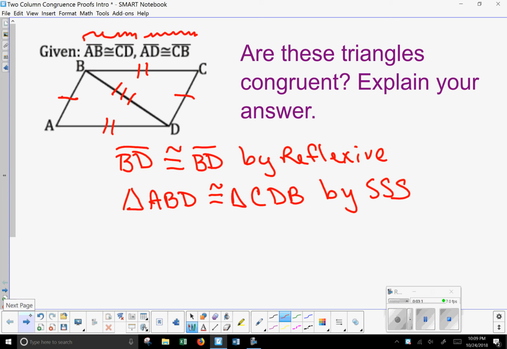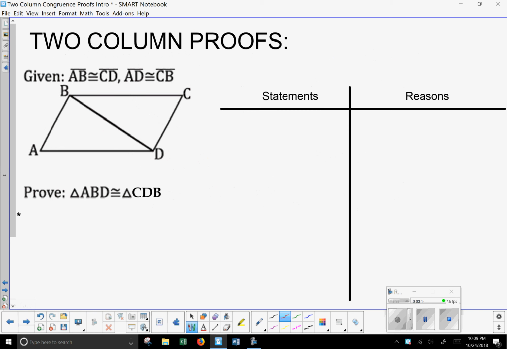What we're going to be doing now is writing this in something called a two-column proof. A two-column proof does exactly the same thing, it's just written in a different way. If I take a look at this particular proof, you'll see it is exactly the same given information and picture. So my given information, segment AB is congruent to segment CD, and segment AD is congruent to segment CB, is the same.